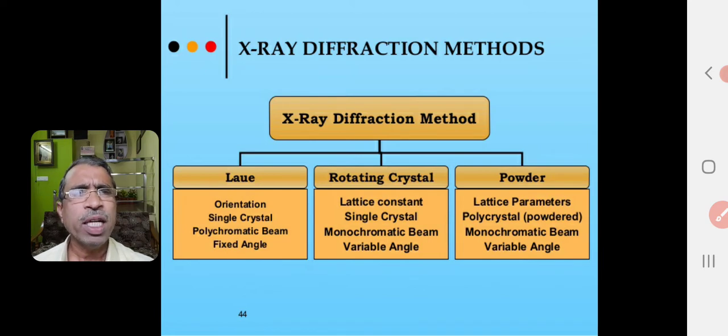In the rotating crystal method, the lattice constant is determined, a single crystal is used, and a monochromatic beam of X-rays is used. We get variable angles. In the powder method, lattice parameters are determined. It contains polycrystalline material; the powder contains a large number of crystals. We use a monochromatic beam of X-rays, and here also we have variable angles.